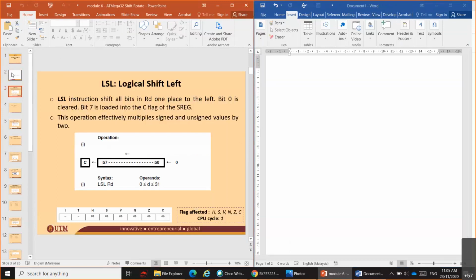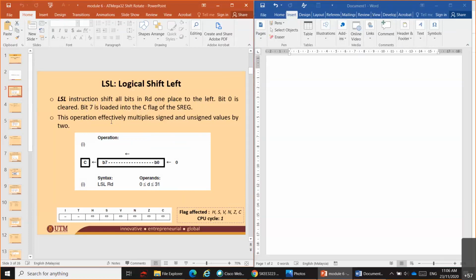The first instruction that you're going to see here is what we call the logical shift left. This logical shift left is used to shift all bits in Rd one place to the left. Bit 0 is cleared while bit 7 is loaded into the C flag of your status register.